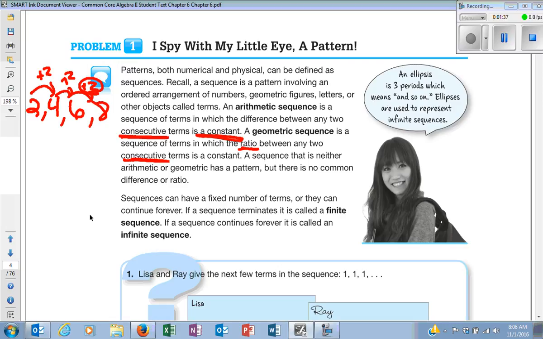Now what I meant by you're always adding is, let's say I gave you something like this: 96, 92, 88. What am I doing here?